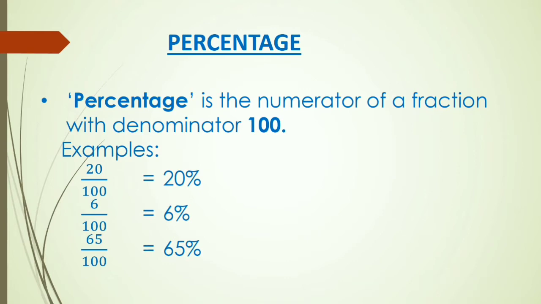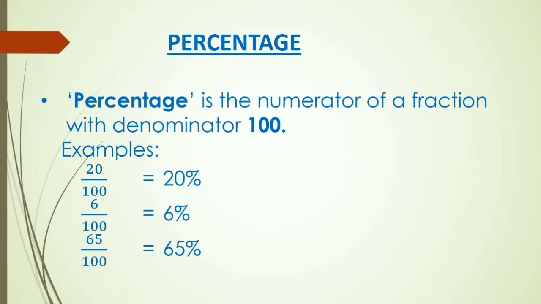For example, 20 by 100 can be written as 20%, or 20% means 20 parts out of 100. Similarly, we can write 6% as 6 by 100, or it is 6 parts out of 100 parts. And 65% can be written as 65 by 100. So these are certain examples for percentage.